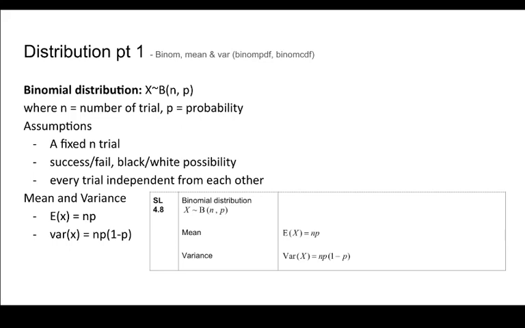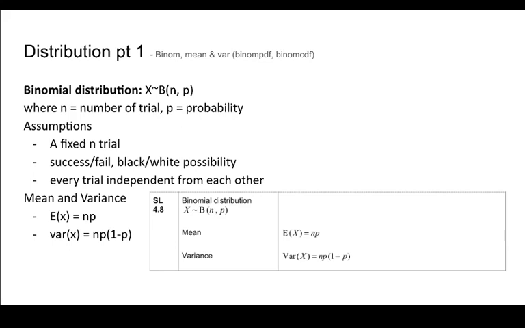So if you flip a coin and let's say getting heads is 0.6, then because the chance of getting the other side, tails, is the opposite of getting heads, it's always going to be 0.4, right? And every trial, it's always going to be the same.